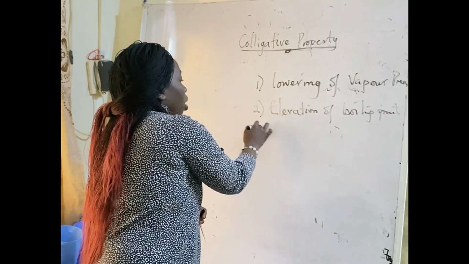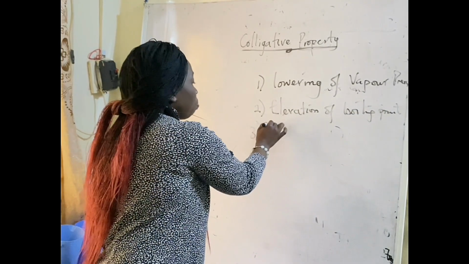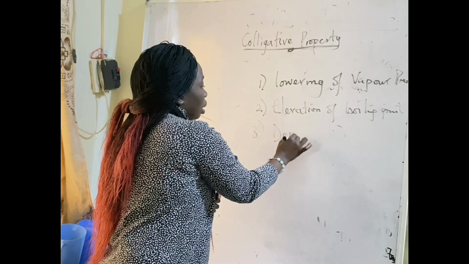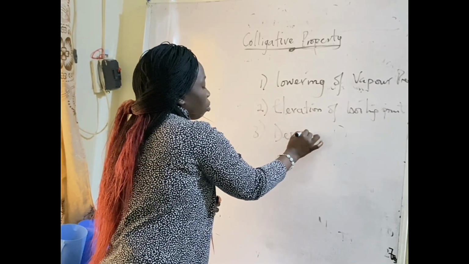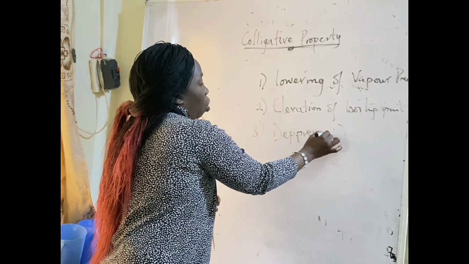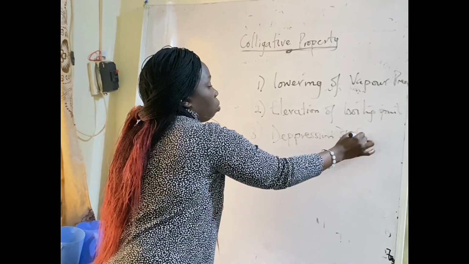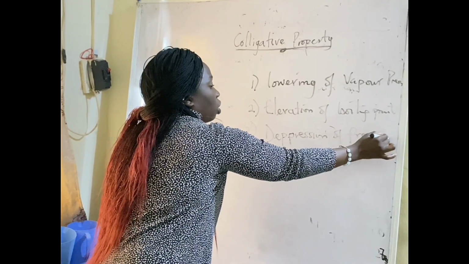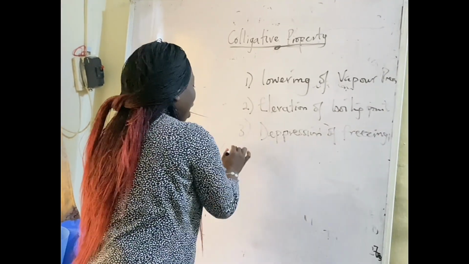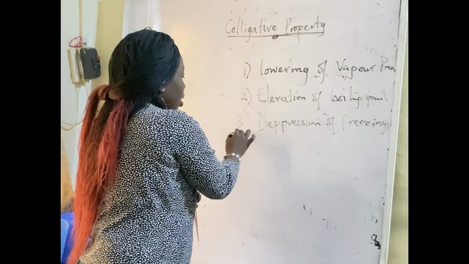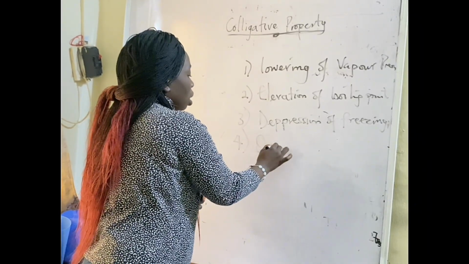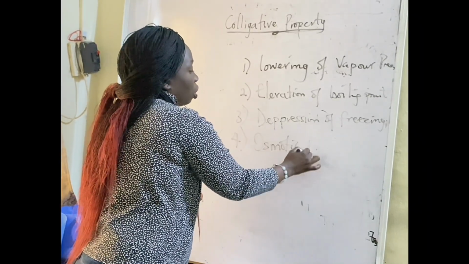Number three is depression of freezing points. Depression of freezing points. And lastly is the osmotic pressure.